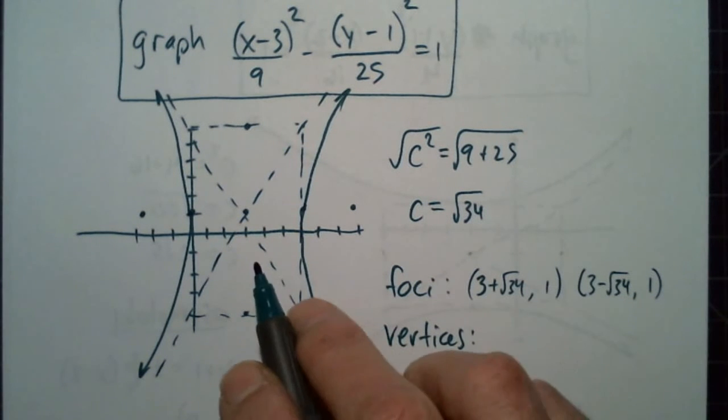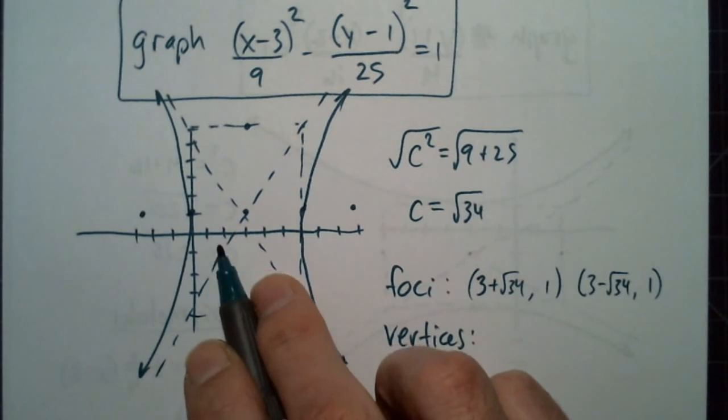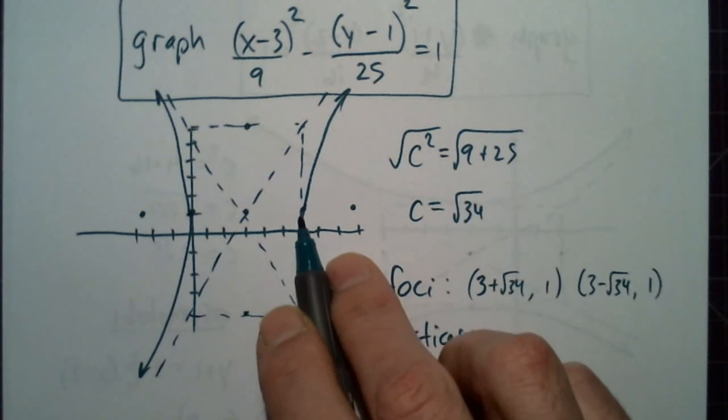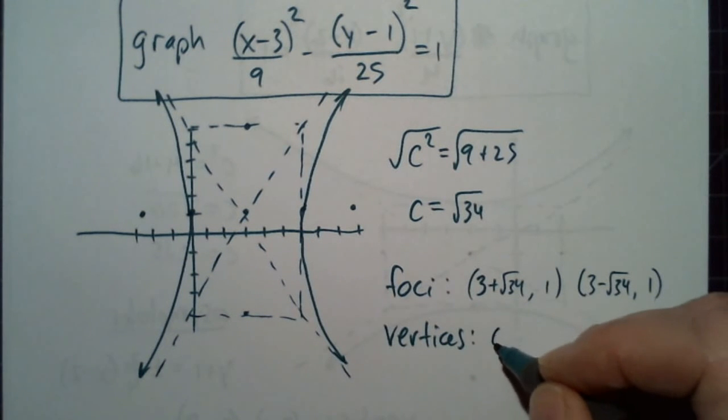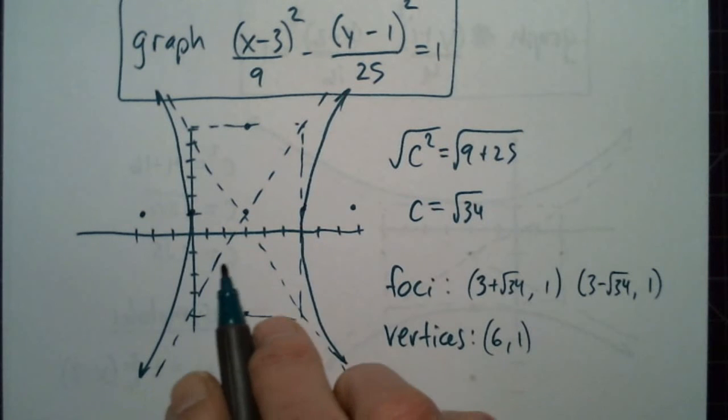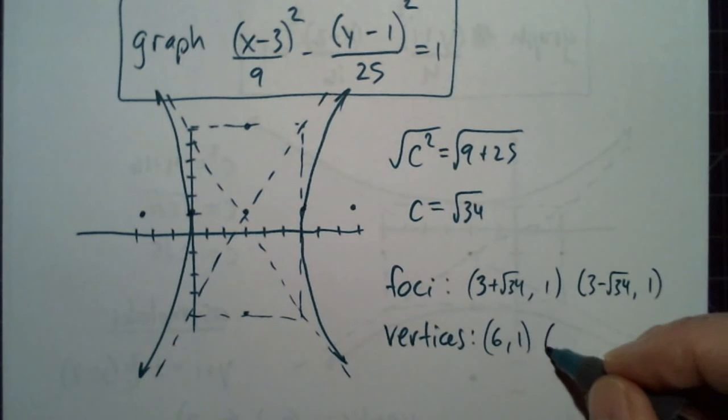And the vertices are at 1, 2, 3, 4, 5, 6, 6, 1, and 0, 1.